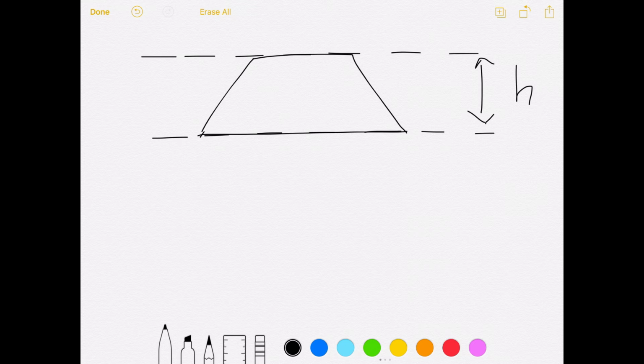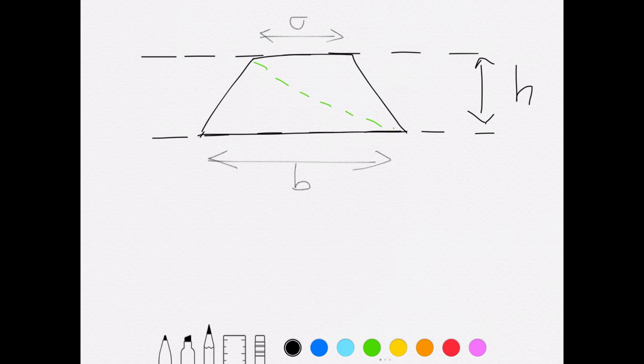Now, what if I divide this trapezium into two triangles like this. Let me give the measurement of the sides. On this side, let it be equal to B, and on this side, let the side be equal to A. Now suppose we talk about this triangle, let me name it 1 and let this be 2.